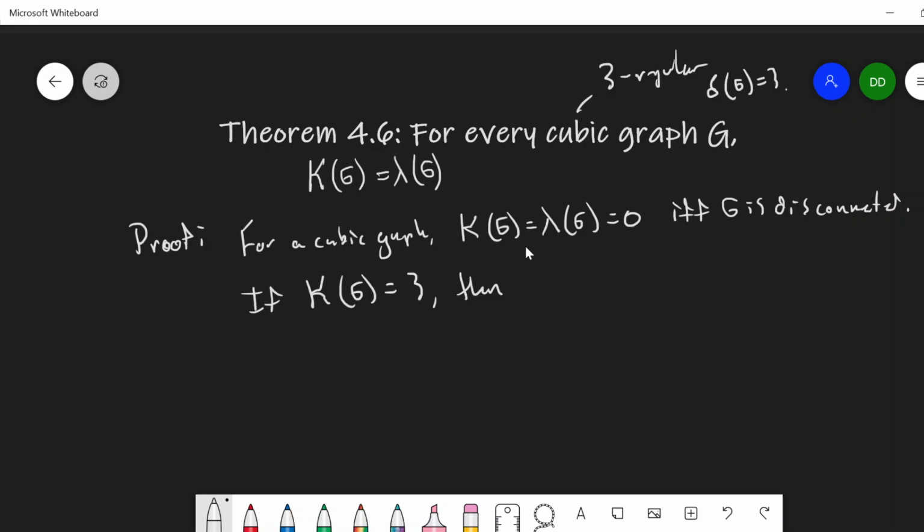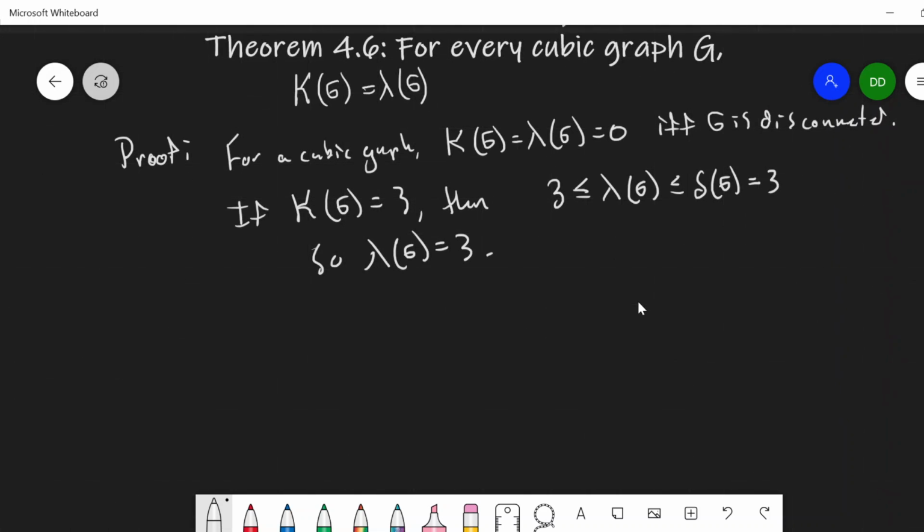Then by Whitney's inequality, we would have 3 less than or equal to lambda of G, less than or equal to the minimum degree of G, which is 3. So the edge connectivity is also 3 in this case, and equality holds. So we have 2 cases.